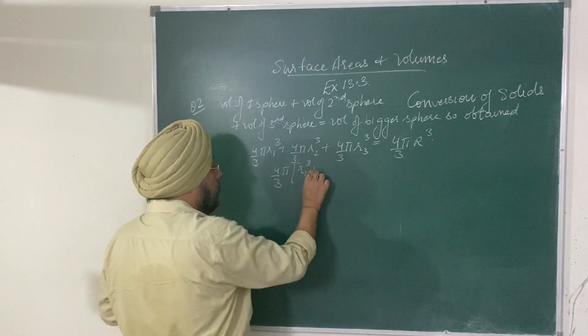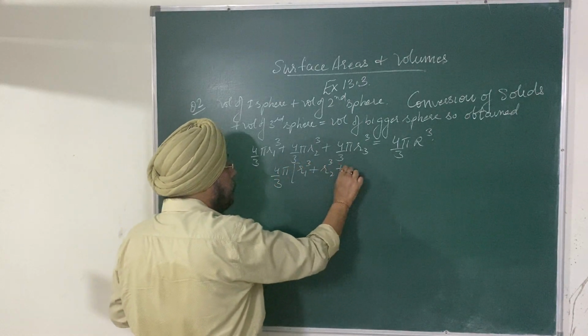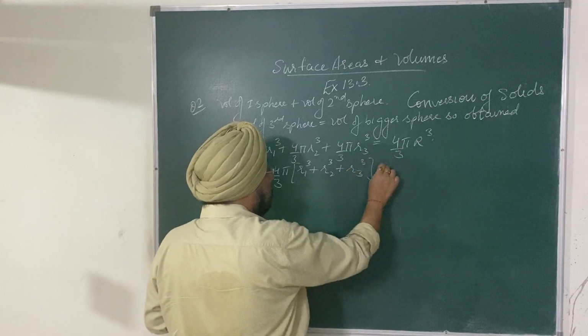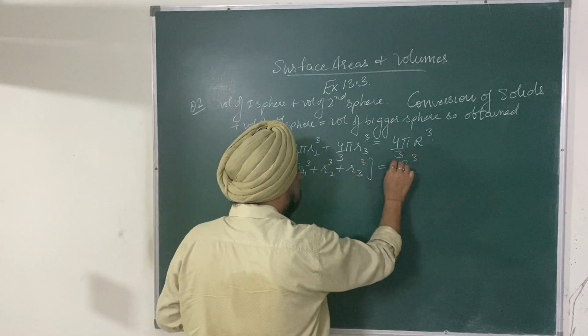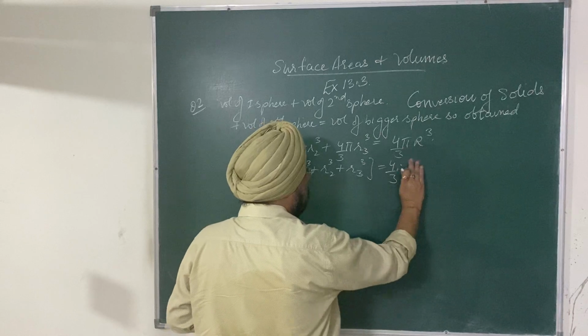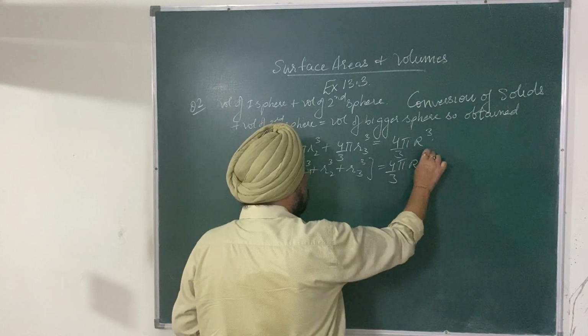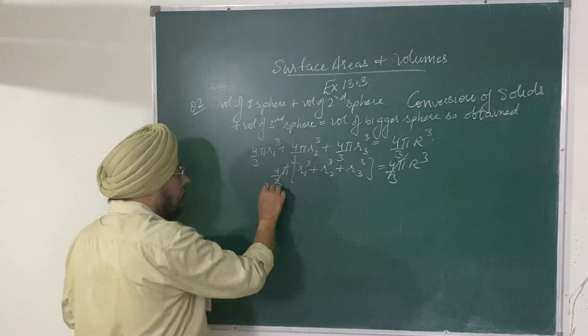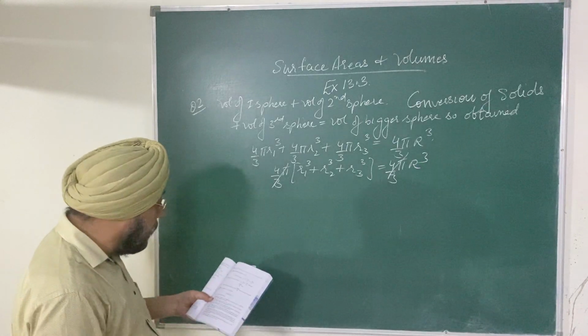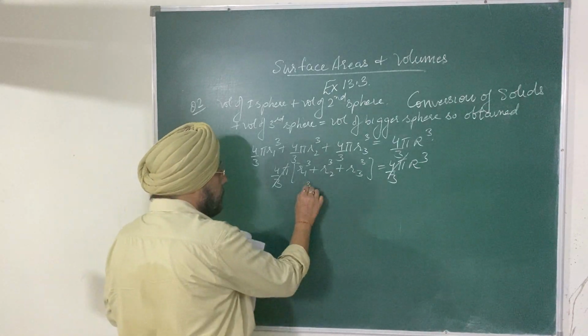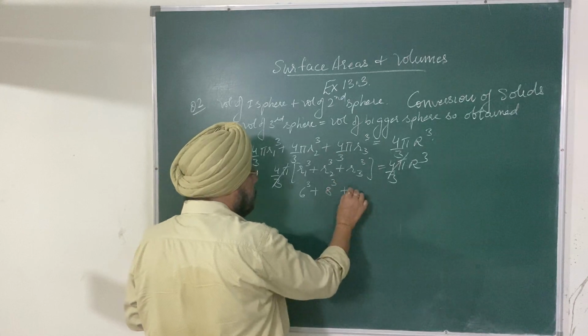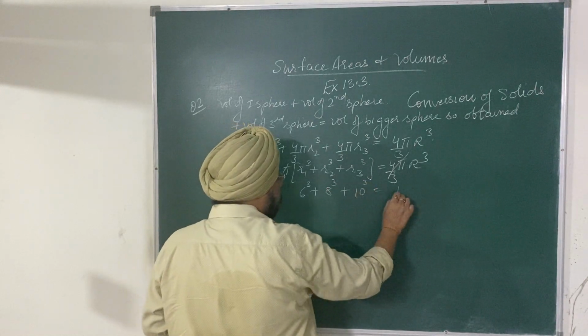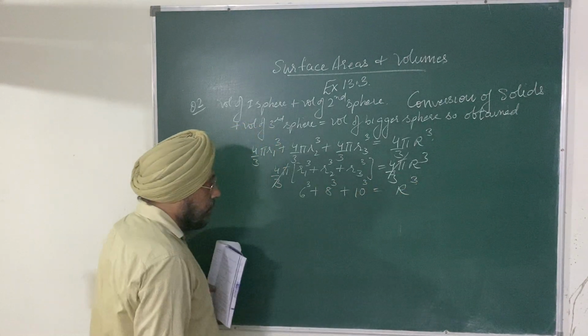This is r1 cube plus r2 cube plus r3 cube, which is equal to 4 by 3 pi R cube. Now cancel the 4 by 3 pi from both sides. Now you can substitute the values: r1 is 6, r2 is 8, r3 is 10, and capital R we have to find out.